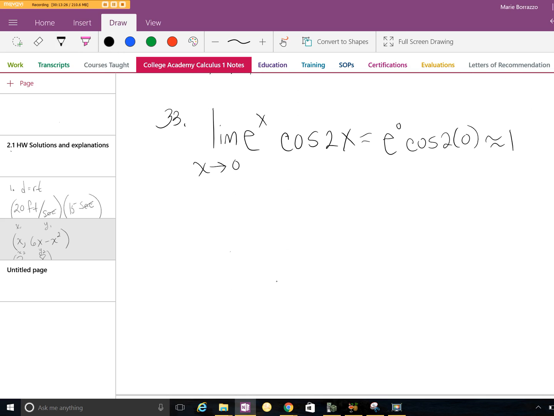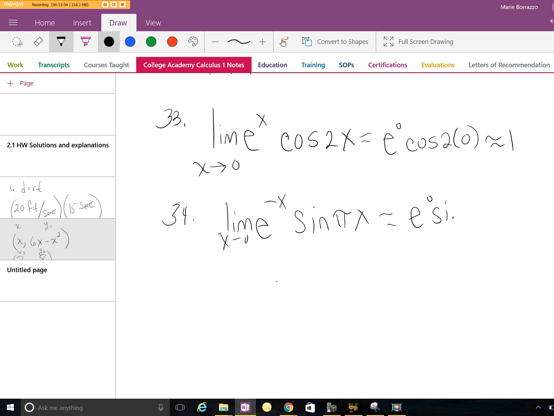Okay, number 34. And these are little tricks, by the way, that you need to memorize for the test, or just keep in mind. Keep it really fresh in your mind for the test. So limit of e to the x as x approaches 0. Right, e to the -x sine pi x. And so again, this becomes e to the 0 sine 0, and this answer should be 0.